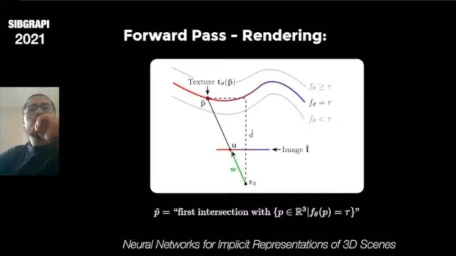In practice, what they do is they throw this ray, and then they sample n points, some quantity of points, until they find a difference on whether it's smaller or larger than tau here, your threshold.